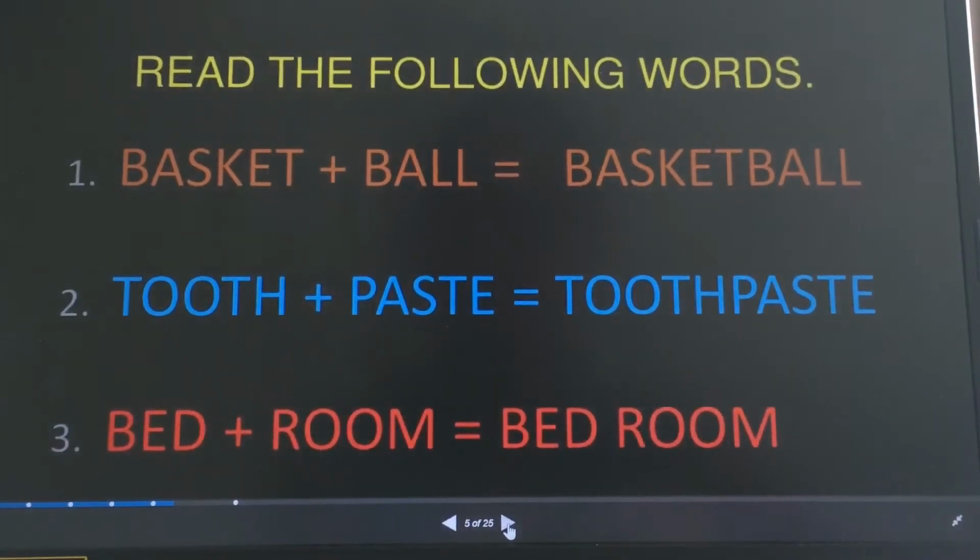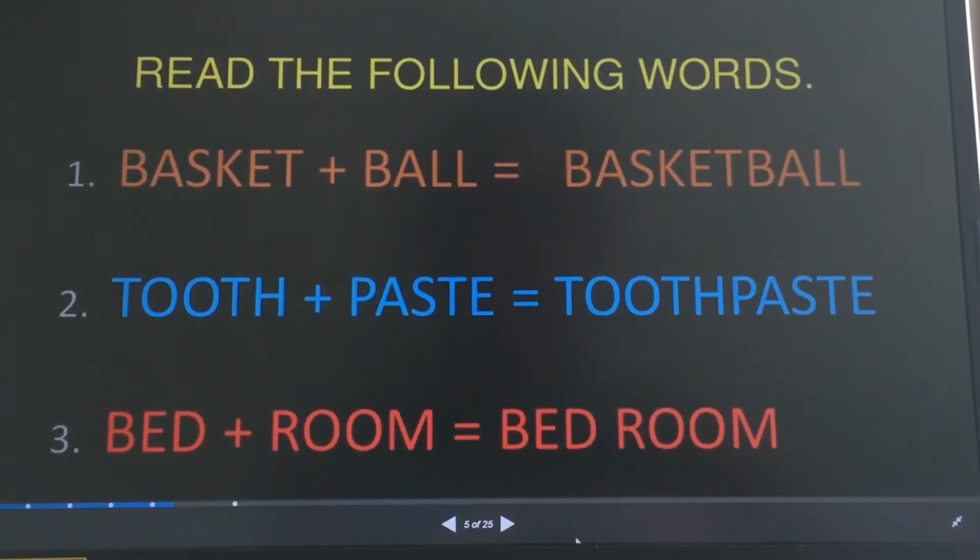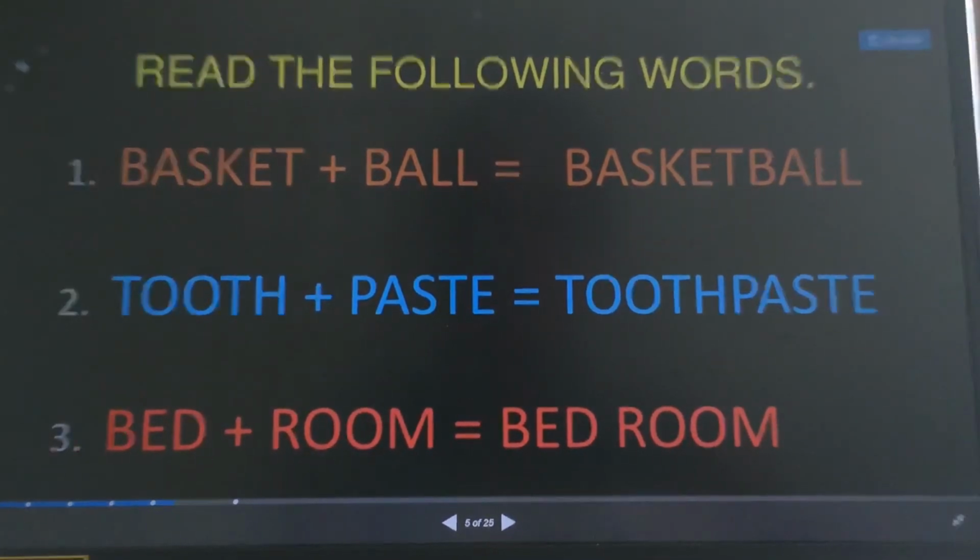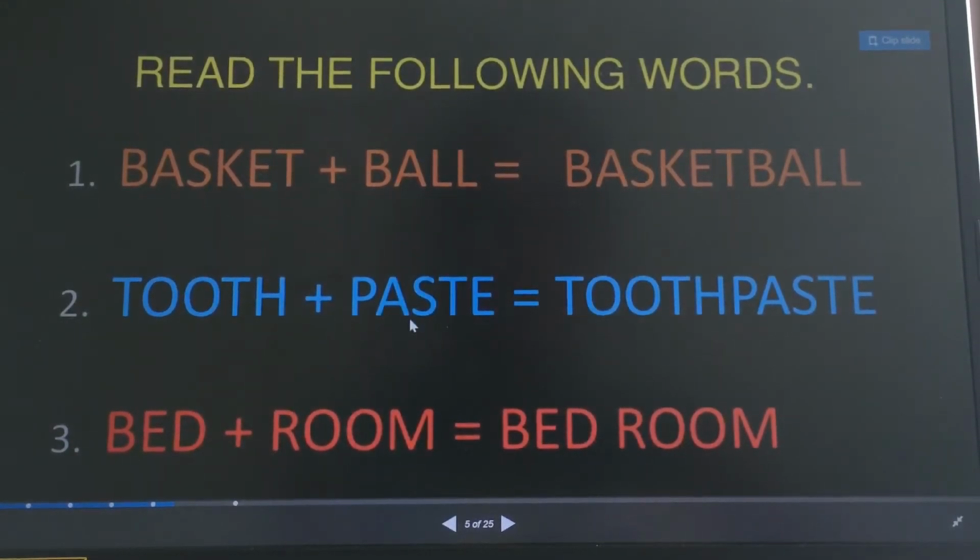Let's read now the following words that we saw a while ago, from the pictures. For number one, we have basket plus ball equals basketball. For number two, we have tooth plus paste, toothpaste. And for number three, the last one, we have bed plus room, equal to bedroom.